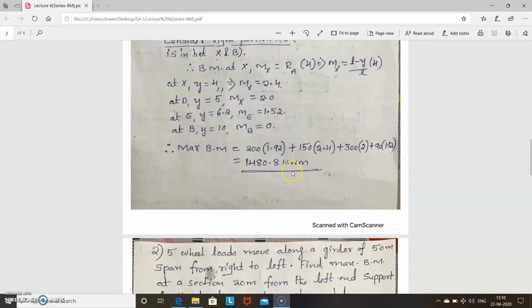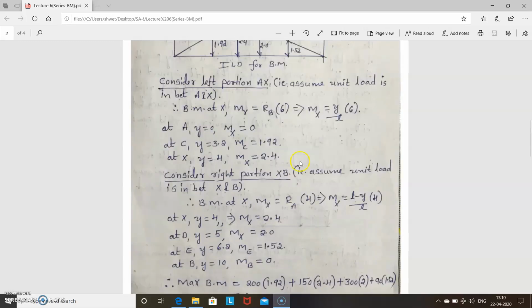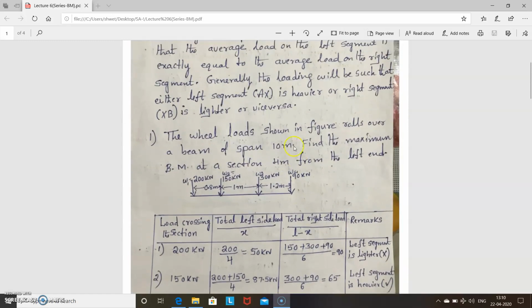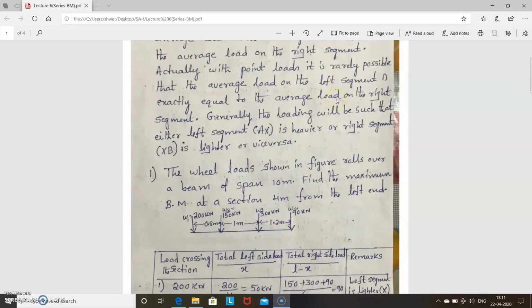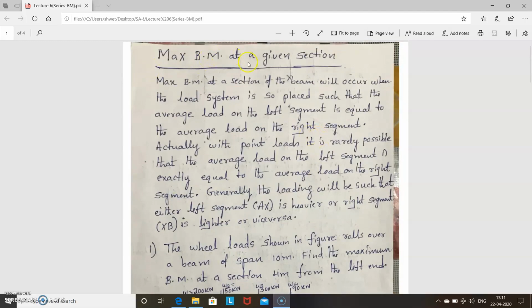So you get this answer. So this is the maximum bending moment. This is the way to calculate maximum bending moment when there are series of loads at the given section. Okay, so next we'll see how to find maximum bending moment under the given load. Okay, thank you.